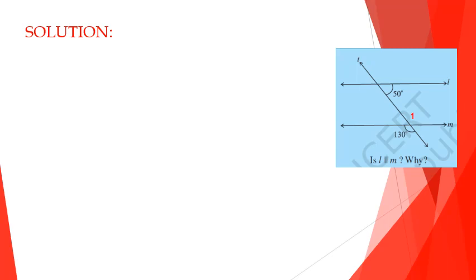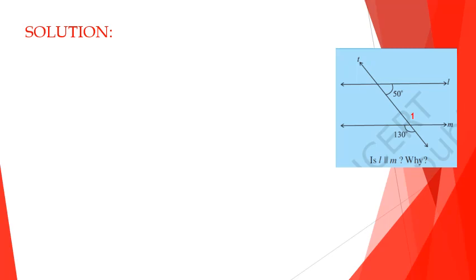So what about angle 1? We have already learned that when two lines intersect, two pairs of vertically opposite angles are formed. And what about the property of vertically opposite angles? They are equal in measure. Children, listen here.